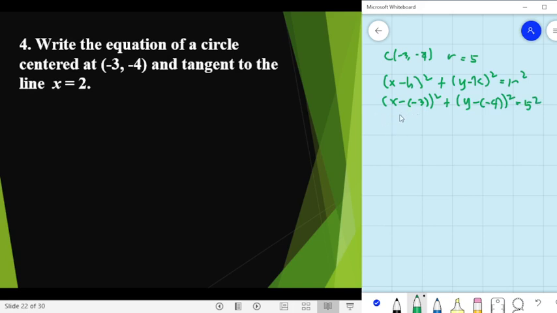Simplifying this, it would become quantity x plus 3 squared plus quantity y plus 4 squared equals 25.